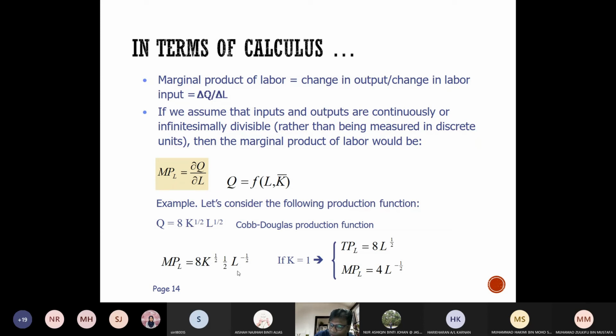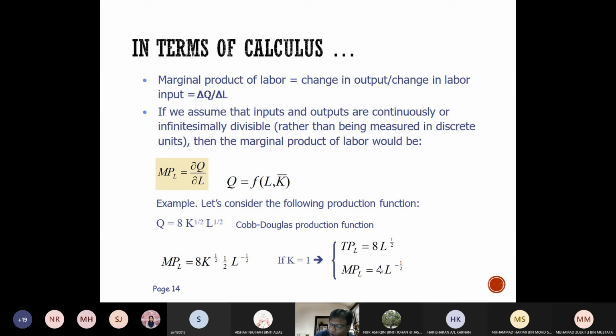So the marginal product you can split into two sections. One is 8K, which is unchanged; you just copy and paste it here. And then the other part is 1 over 2 L to the power of minus 1 over 2. So you need to simplify it with the coefficient. The coefficient of the K is 8, so you cancel: 1 times 2 is 2, 4 times 2 is 8.